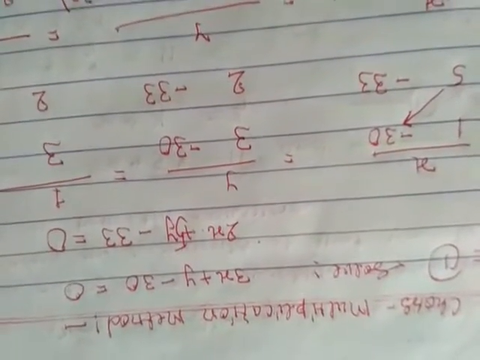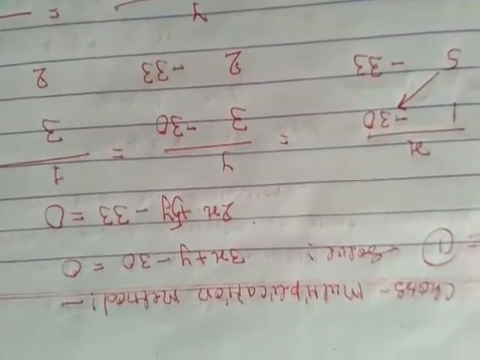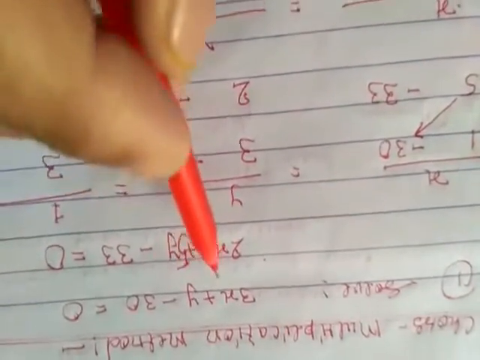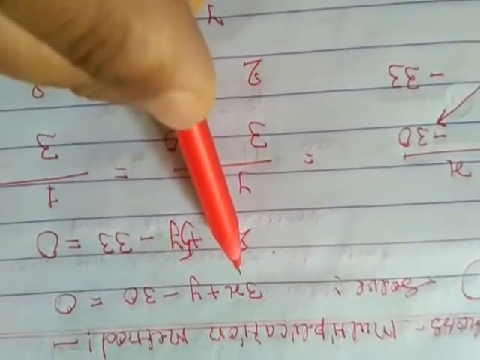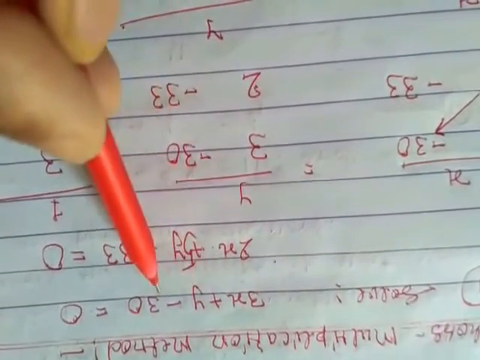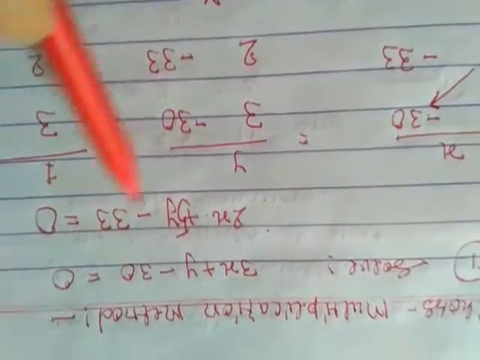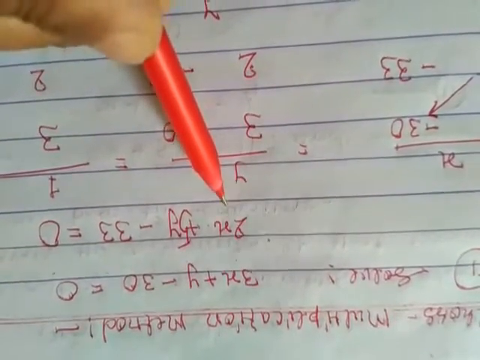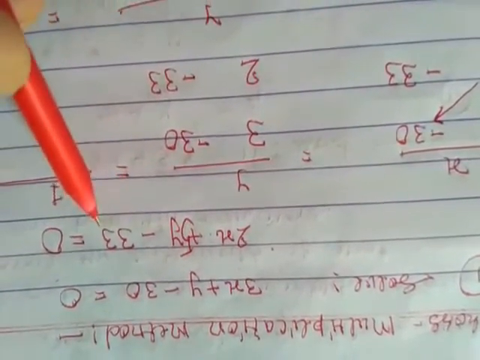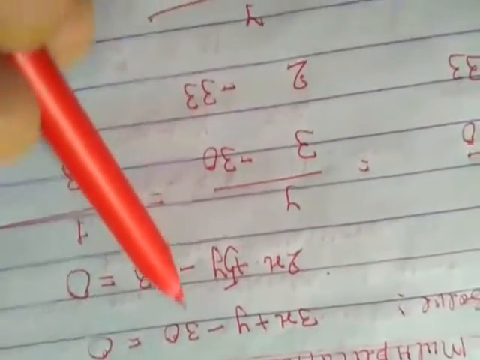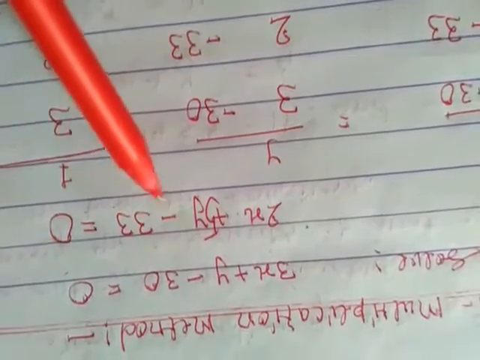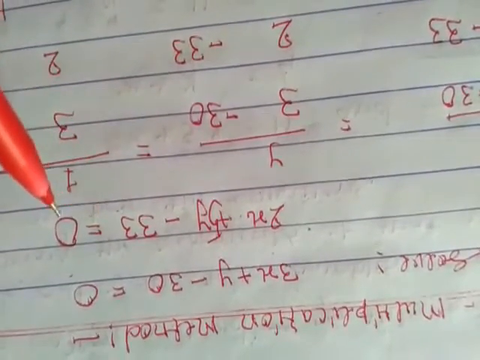We take a pair of linear equations like this: 3x plus y minus 30 equals to 0 and 2x plus 5y minus 33 equals to 0. This is the standard form while solving a pair of linear equations in two variables, that on the RHS side we must have 0 only.